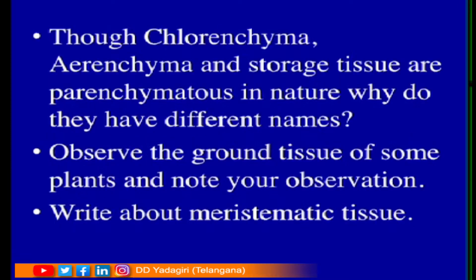Though chlorenchyma, aerenchyma and storage tissues are parenchymatous in nature, why do they have different names? You also observe the ground tissue of some plants and note your observation. Lastly, you write about the meristematic tissue.